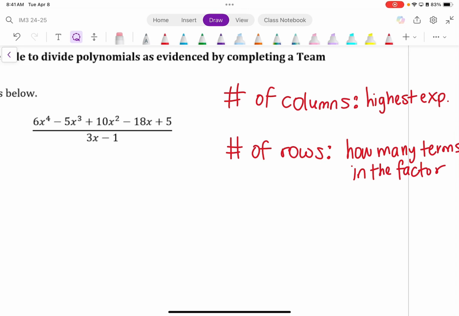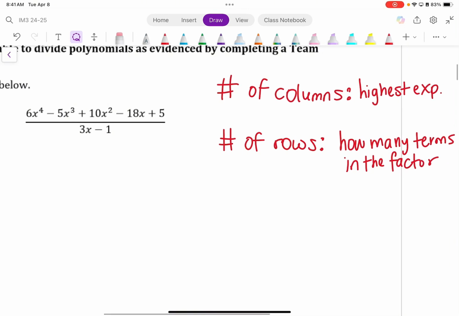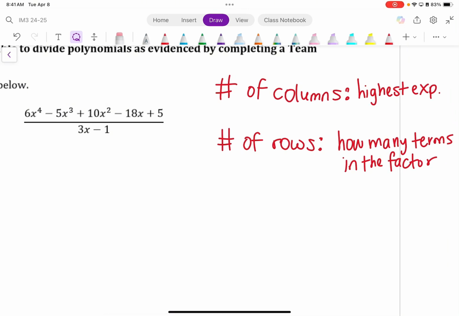The number of rows corresponds to how many terms you have in the factor by which you are dividing. So if you're dividing by one term, then it's one row. If you're dividing by two terms, then it's two rows, and so on. Okay? So write this down in your packet so that you can refer back to it for future reference.